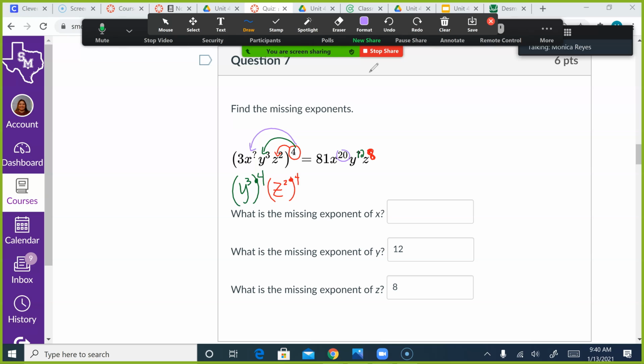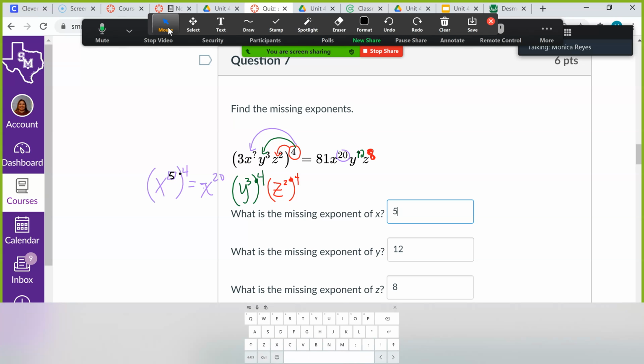It's going to be a 20. So what does this number need to be so that when I multiply it by 4, I get 20? So what times 4 is 20? Again, you can set up an equation here, but it's easier just to guess and check the answer. So 5 times 4 makes 20. So the missing exponent is going to be a 5.